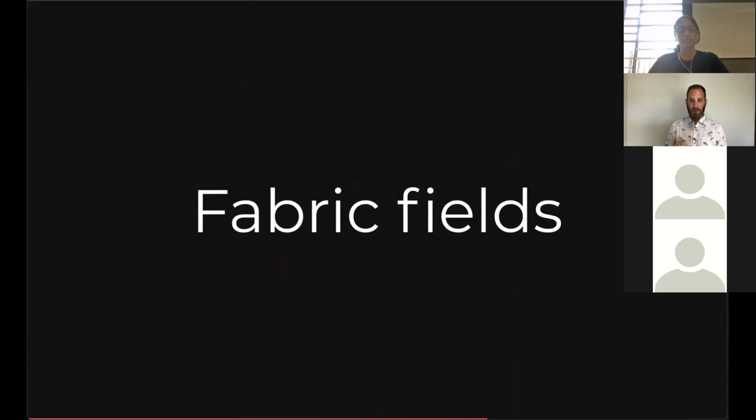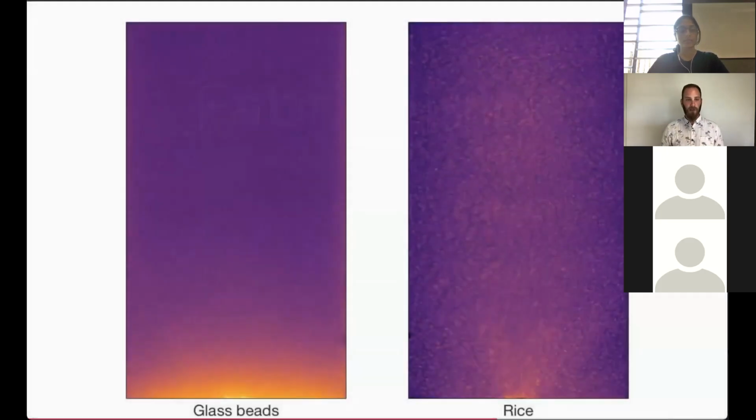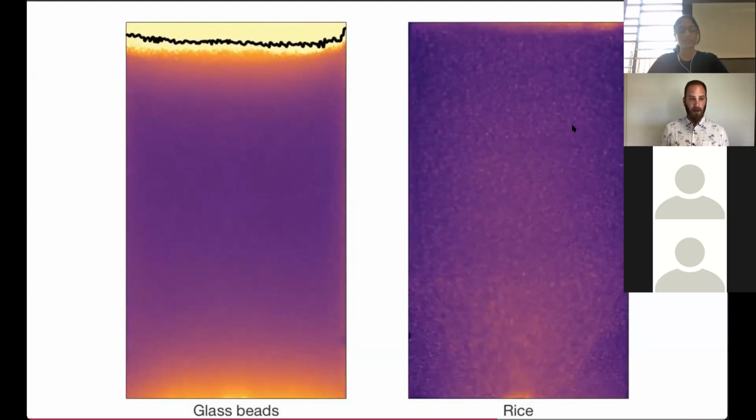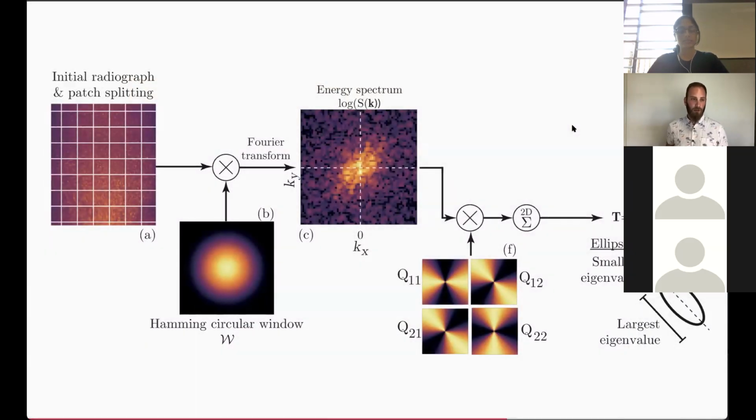We can do more than just see the velocity fields. We can actually see for these rice and the lentils where they have a specific shape. We can try to really get a measure of the shape here. And so what we do is we take our images over here, we cut them up into little patches of image, and we take a 2D Fourier transform.